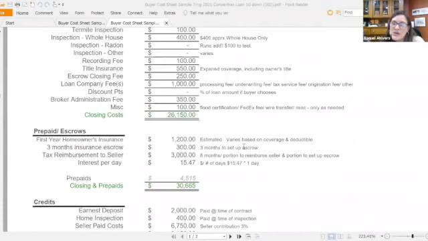Homeowners insurance, we only set up 3 months. The reason being is because you don't have a payment the next month. So when you start collecting for your escrow for insurance, it's not due for a whole year. It's due 12 months later, but you're not making a payment. So if we close March 31st, we're not going to have a payment in April.